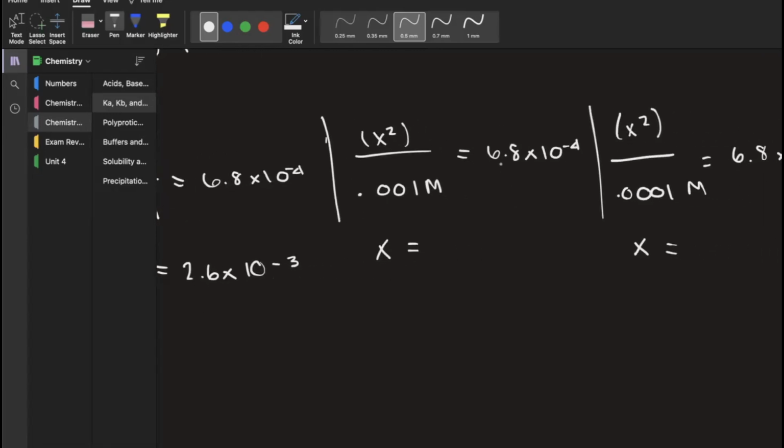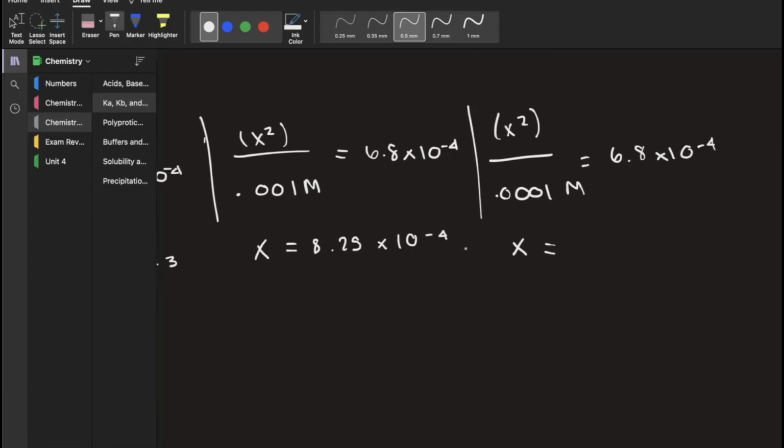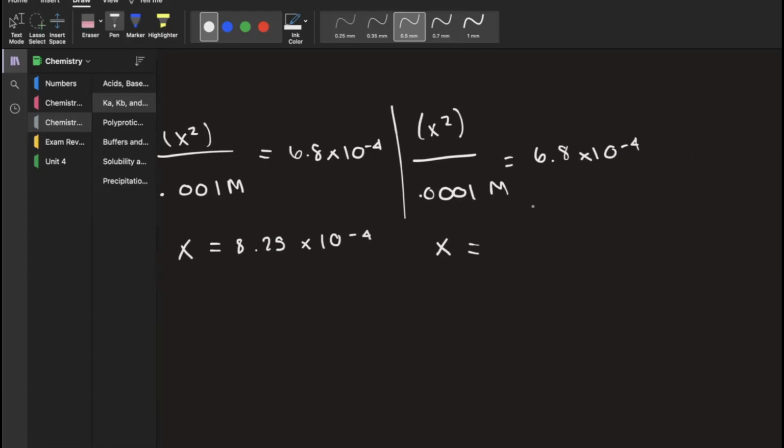Similarly, multiply 6.8 times 10 to the negative fourth by 0.001 and find the square root of that number, which gives us 8.25 times 10 to the negative fourth. And this last one is going to be 6.8 times 10 to the negative fourth times 0.0001. Find the square root, which gives us 2.61 times 10 to the negative fourth.